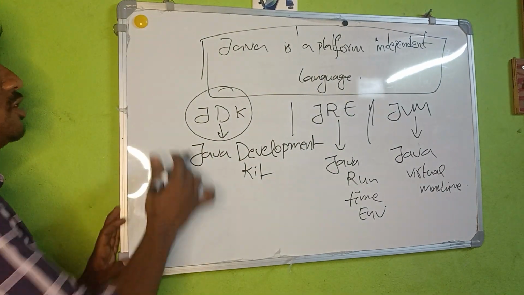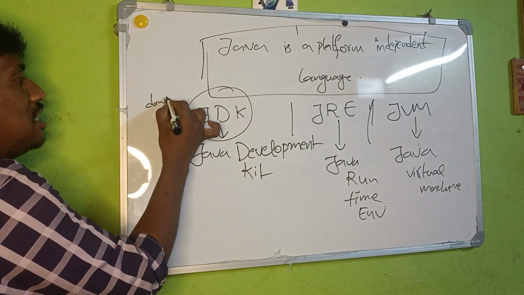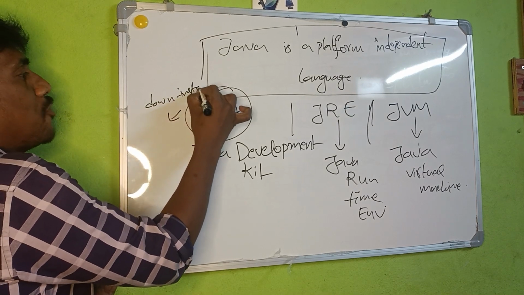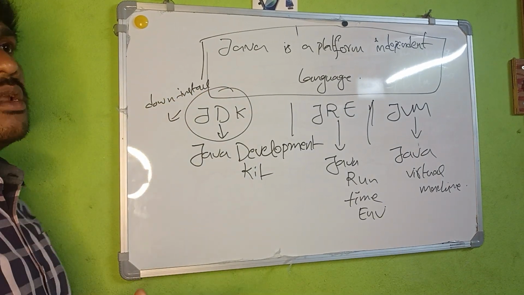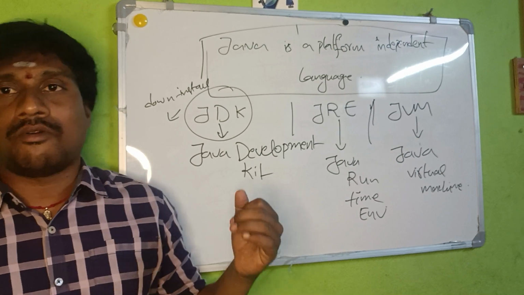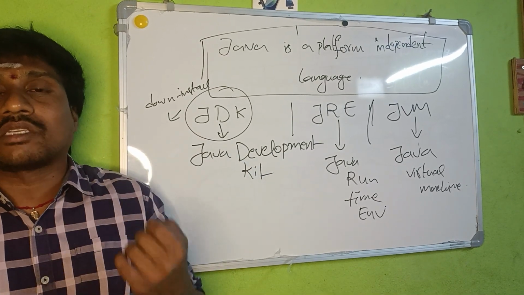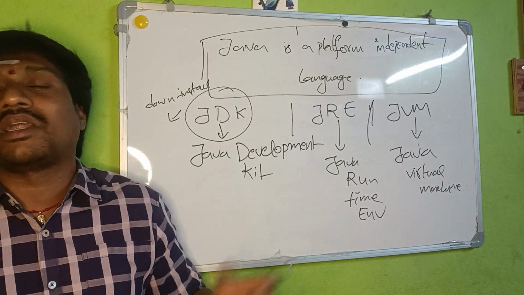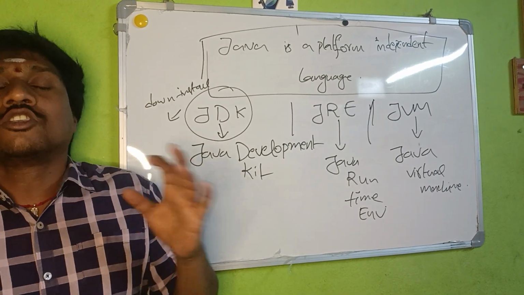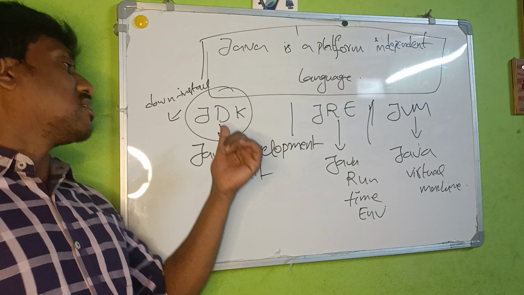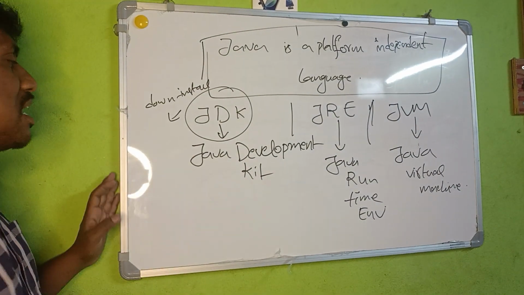If you are using Windows, there is the Sun Microsystems website where we can download it. Whether our Windows is 32-bit, 64-bit Linux, whatever it may be, whichever kind of operating system we are using, that kind of JDK you can download and install.